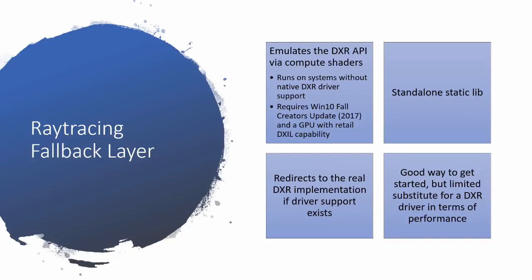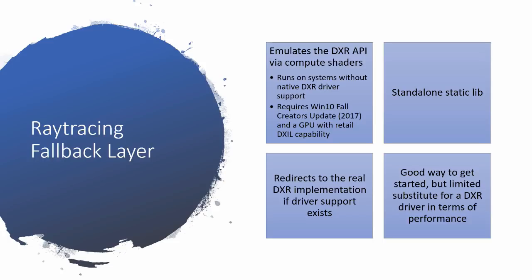Let's talk about the fallback layer. If you don't have a piece of hardware that can do ray tracing yet, the fallback layer is an option to basically emulate the DirectX Raytracing API via compute shaders. It's mostly complete. It doesn't support a few corner cases like callable shaders, but it can do all of the basics. You can build acceleration structures, ray trace against them, do hit shaders, miss shaders, custom intersection shaders.